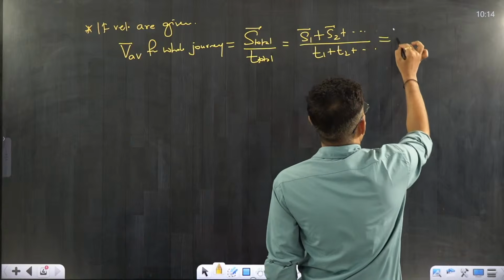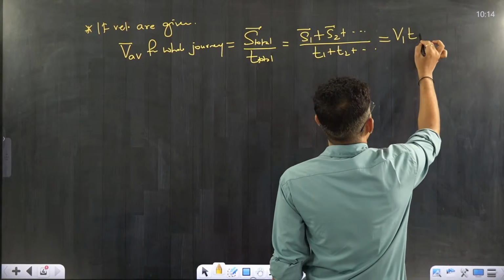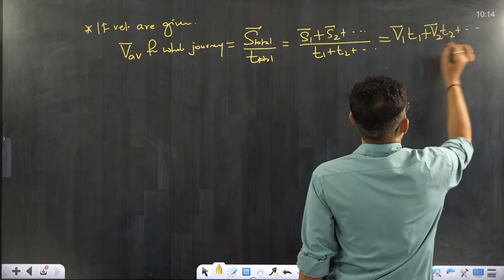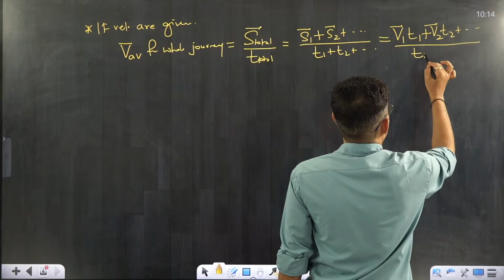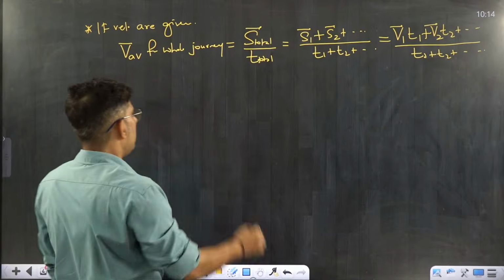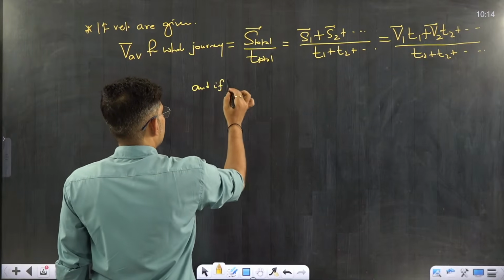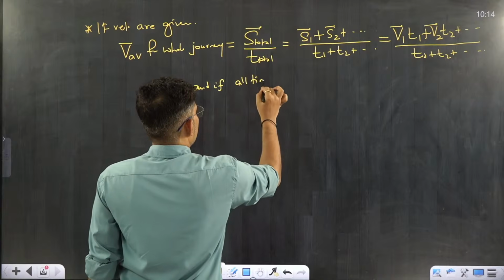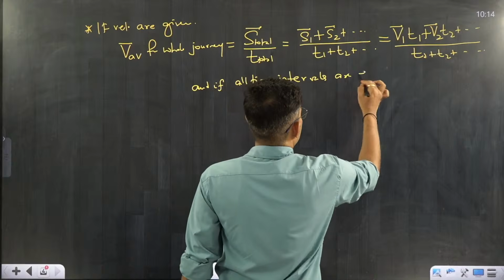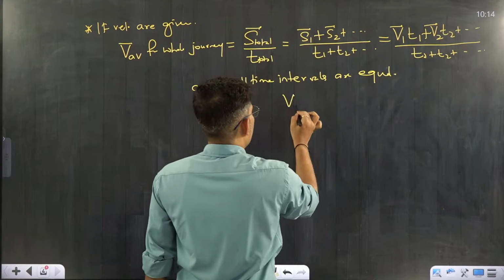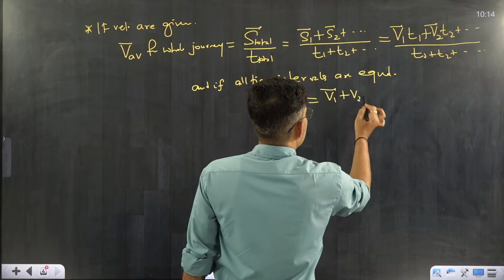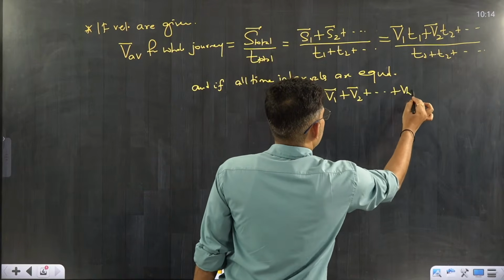Just like the previous one, I can write it like this. And if all time intervals are equal, the average velocity for the whole journey, same result as the previous one, you will get the average of all the velocities.